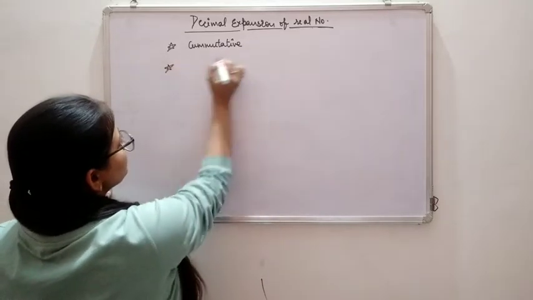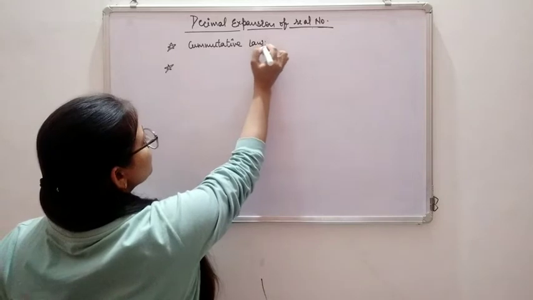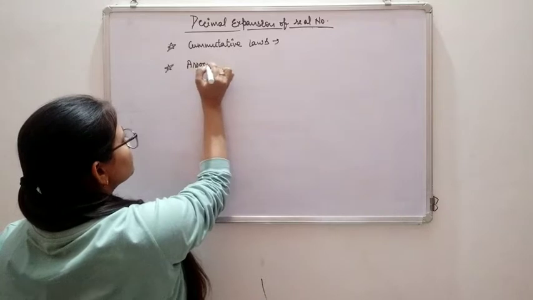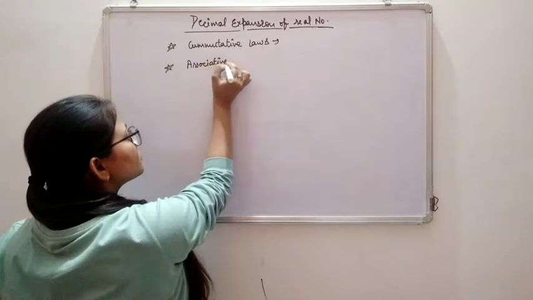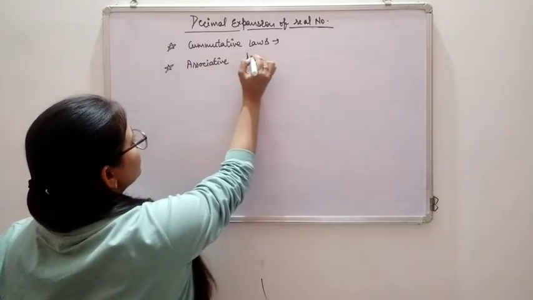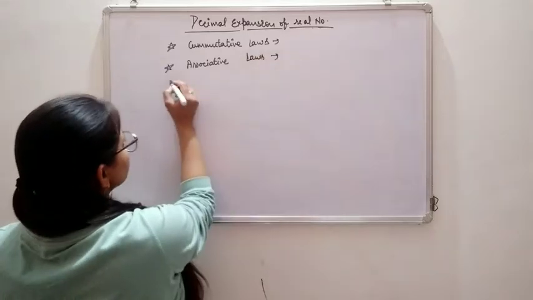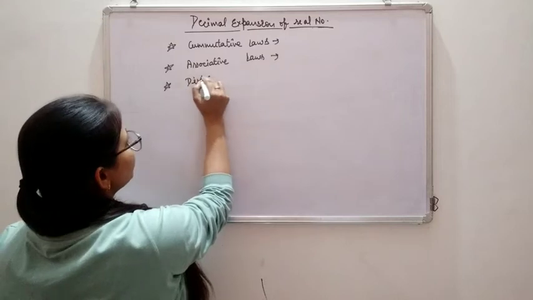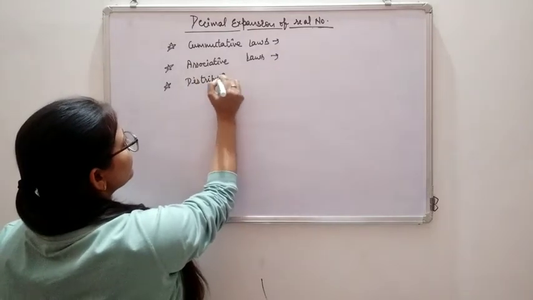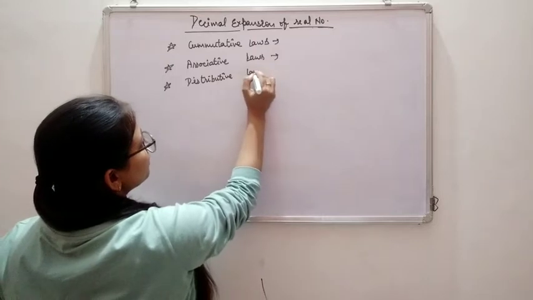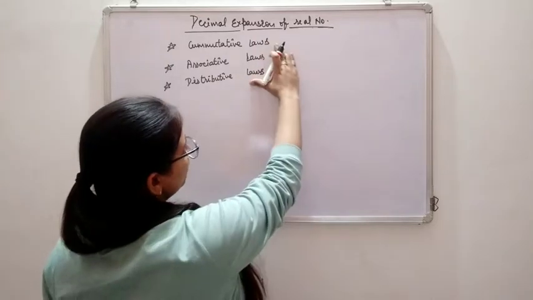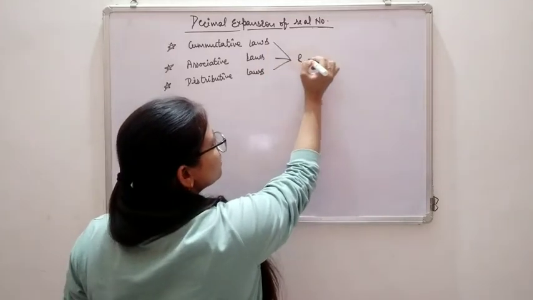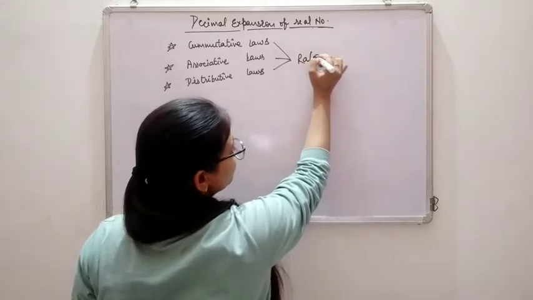Second one is associative, and third one is distributive, right? Okay, so these are the three laws followed by rational and irrational numbers for addition and multiplication.